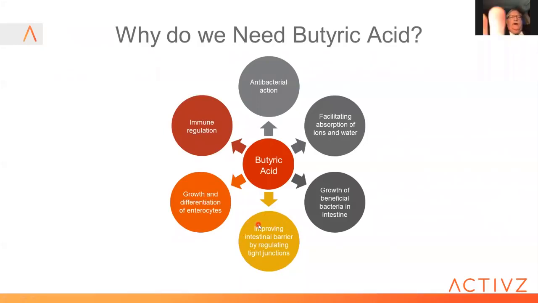So we're going to talk about leaky gut syndrome and how butyric acid helps to heal that particular disorder. Growth and differentiation of the enterocytes as well. And then it is our immune regulation. That is, butyric acid can improve how our immune system functions. Let's go to the next slide.